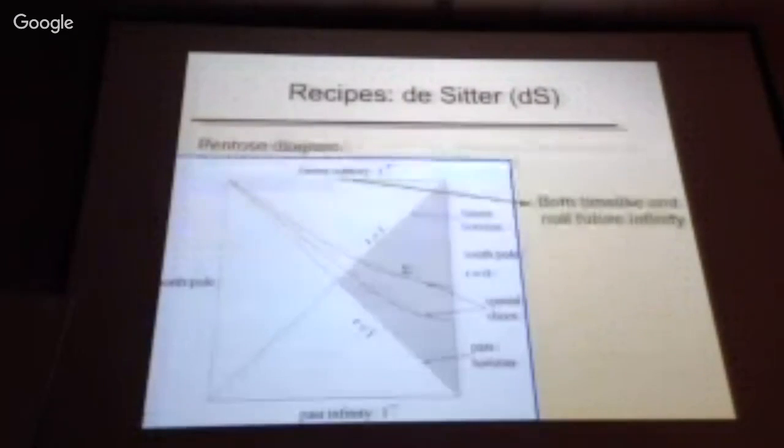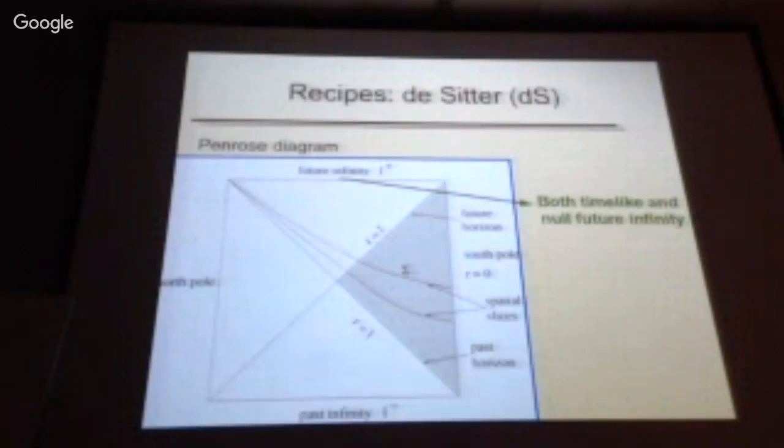So what is the Penrose diagram of de Sitter? Well, remember this was flat space. De Sitter actually has an extra set of pieces where you have that future infinity, both the time-like one and the null one, so I plus and scri plus, they all converge into this one, both of them.